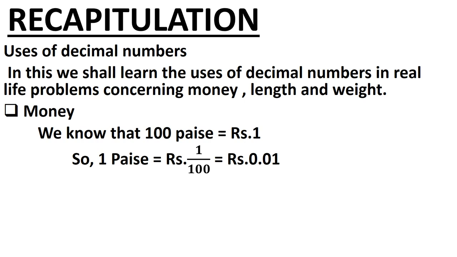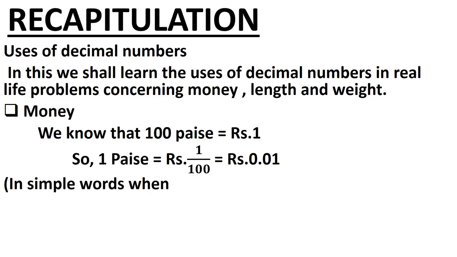As 100 paise equal to rupee 1, so 1 paise equal to 1 upon 100 rupees. Okay, and as in the denominator 2 zeros are here, so in the numerator also we want 2 digits. Start counting from your right hand side, 1, 2, and before that you will place one decimal. So it is 0.01.